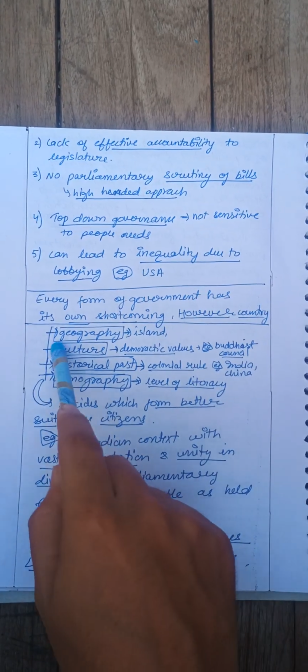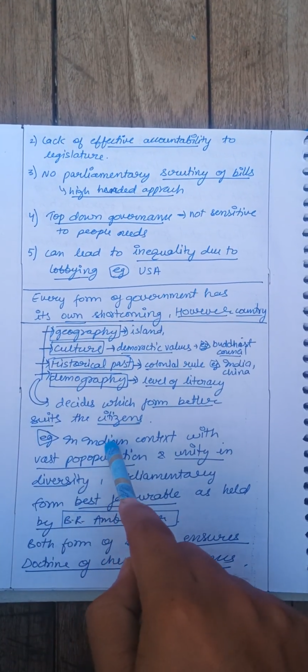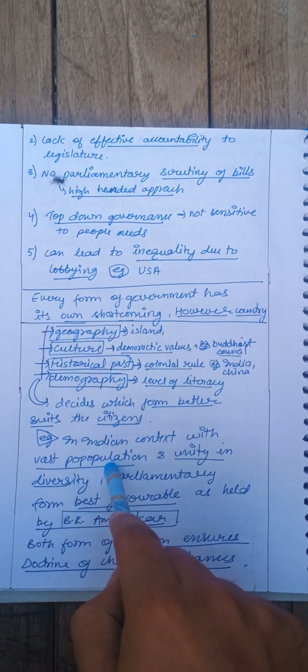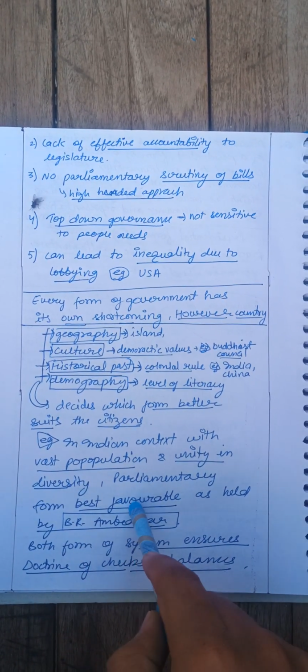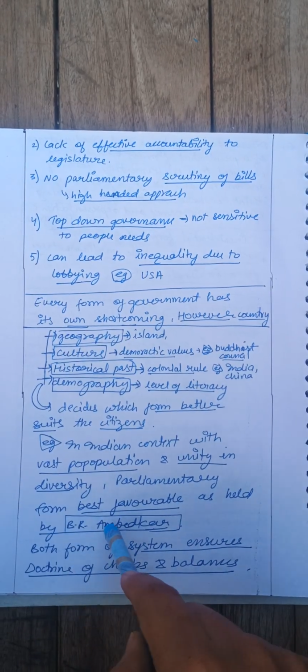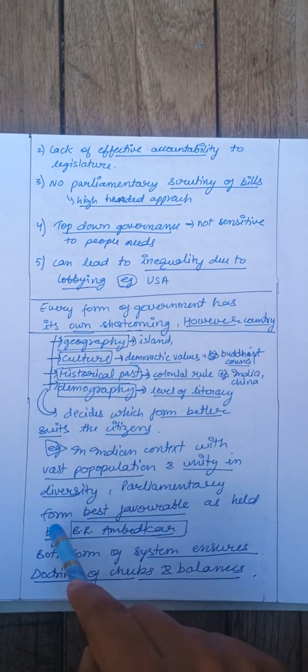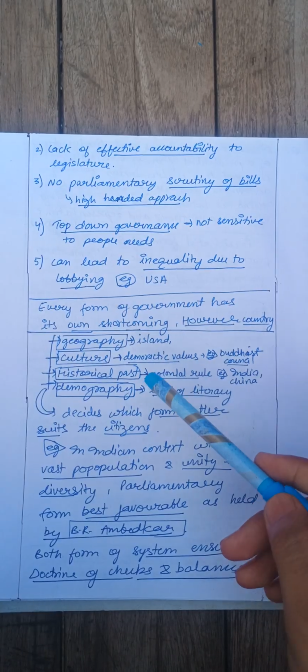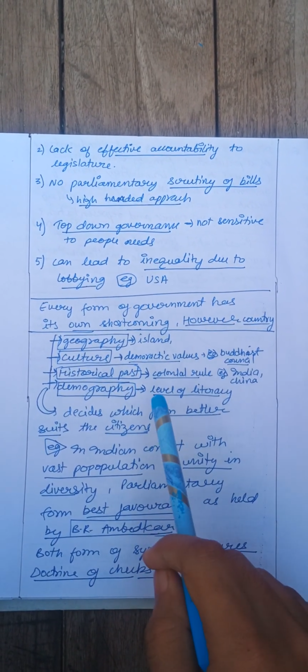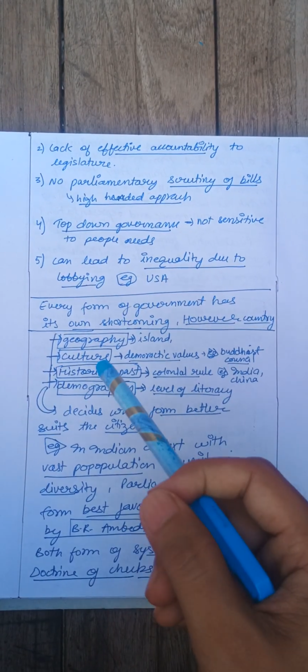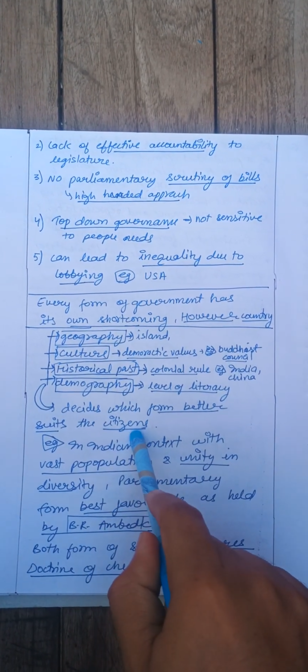And from this we have arrived at our conclusion that in the Indian context with vast population and unity in diversity, parliamentary form is most favorable, as held by B.R. Ambedkar. So in this dimension also we have given examples and a very useful quote, that is enough to get 1 to 1.5 marks in this section also.